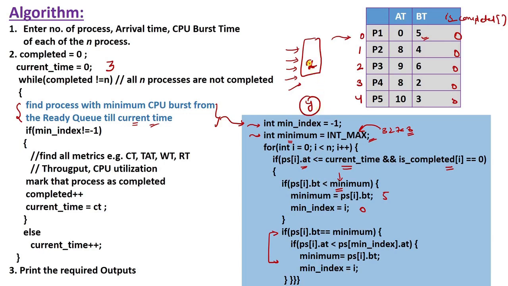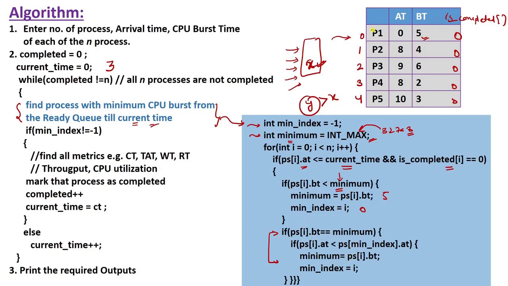If it is greater than your previous minimum, then you need not update your minimum variable. Why? Because X will be the minimum only. Y cannot be the minimum because it is greater. So I have not written that condition. If this bt is greater than your minimum, then I am doing nothing. I am not updating the minimum variable. Okay, but if it is equal to minimum, then I am doing something. Okay, that I will tell you later.